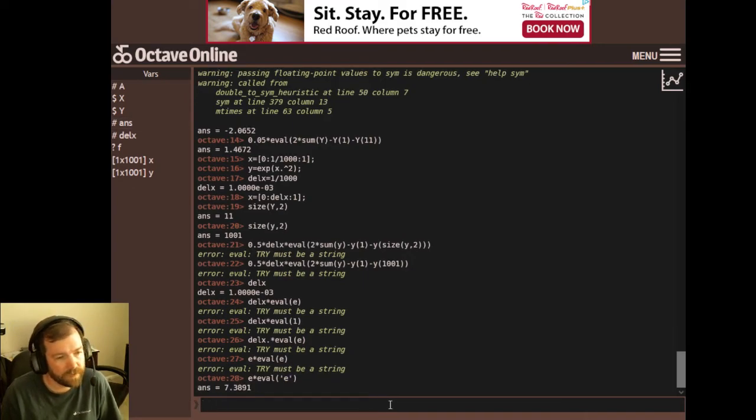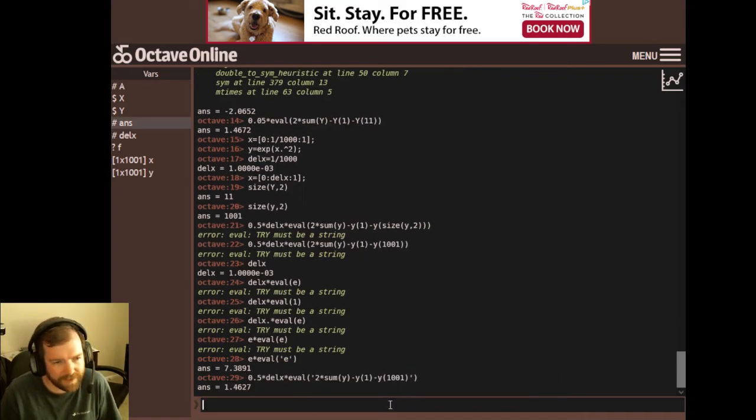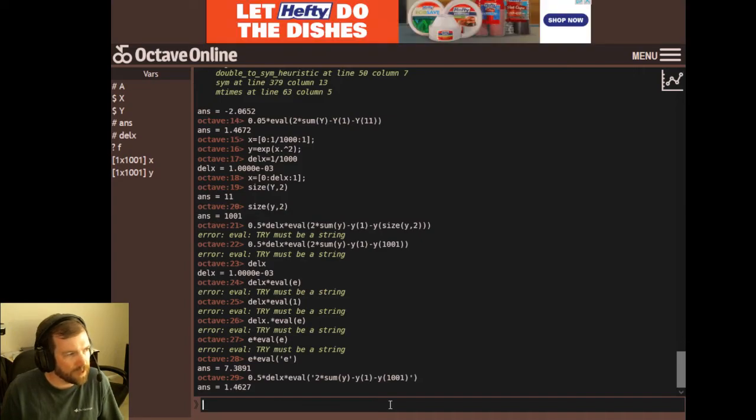It'll do that one. Okay, so let's go back up here and let's do that. It's so weird. It didn't ask to do that earlier. Man. Okay, well anyway, 1.4627. So yeah, it's slightly lower. It might be the other way around, it's possible, but it specifically wants it to be a string, so like you put the apostrophes or whatever.